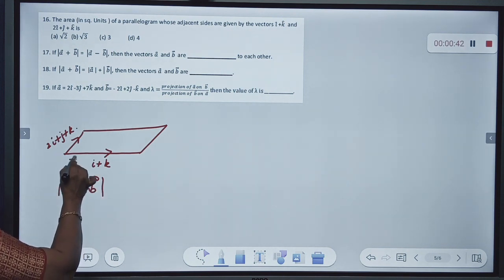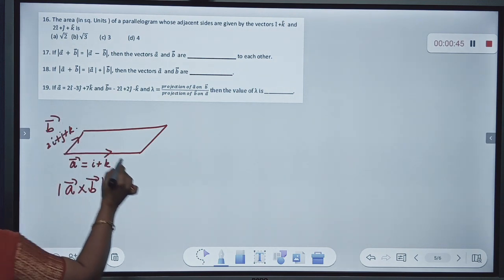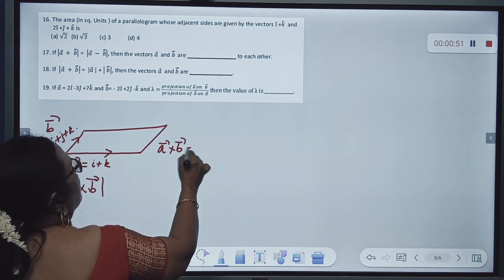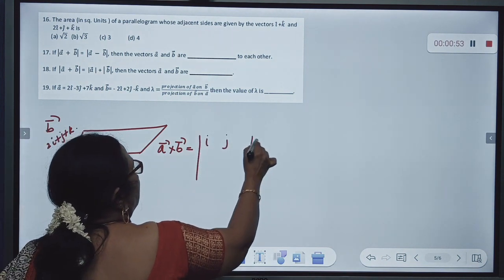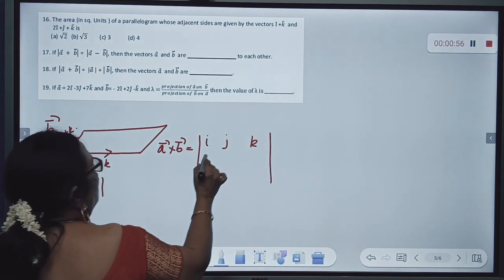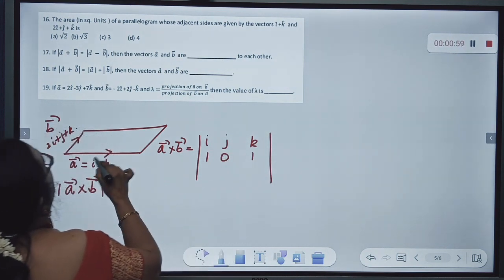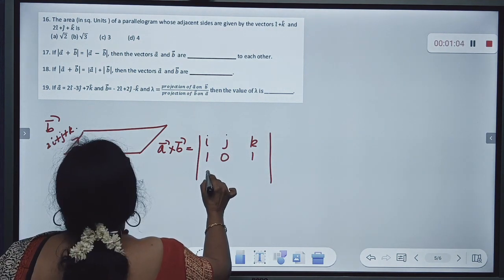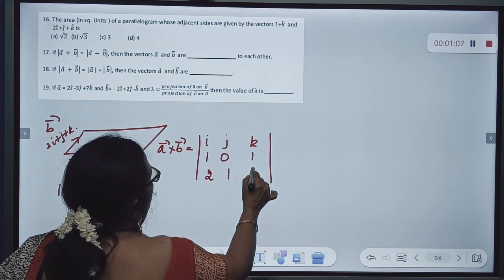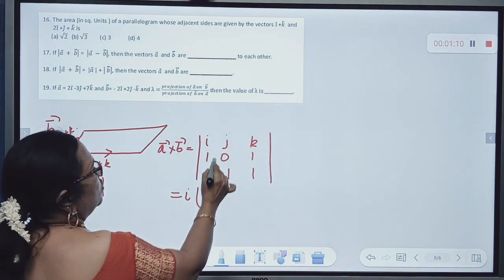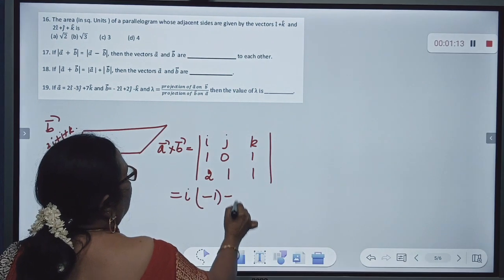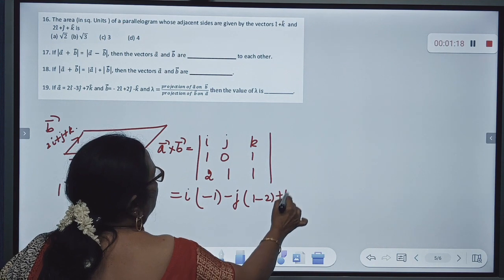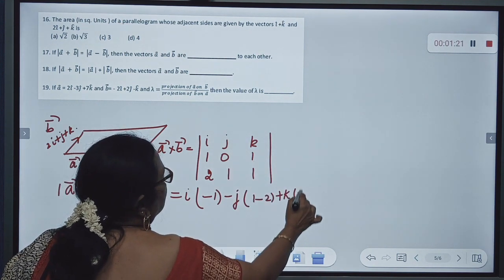So let me take this as A vector and this as B vector. A cross B will be the modulus of the determinant with rows i j k, 1 0 1, because i plus k, and 2 1 1. So this will be i into 0 minus 1, minus j into 1 minus 2, plus k into 1.